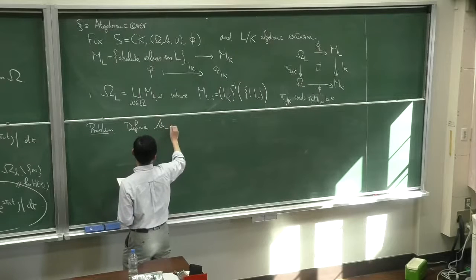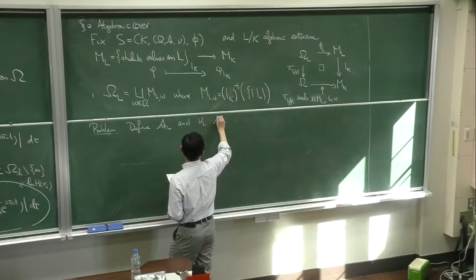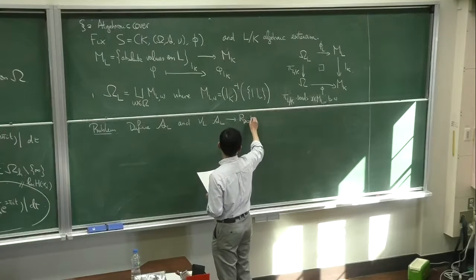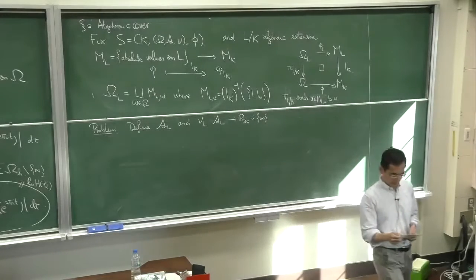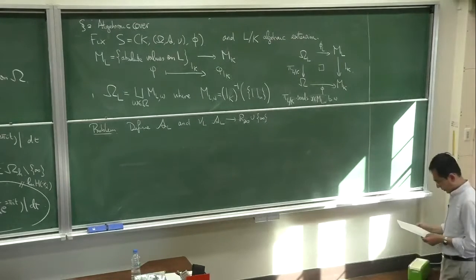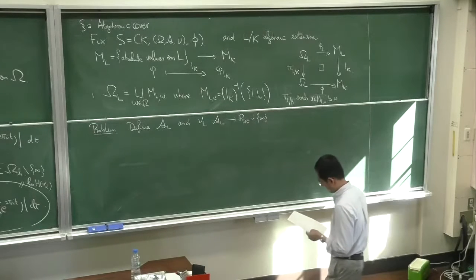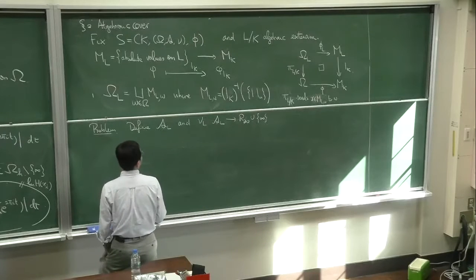We need to define A_L and mu_L from A_L to [0, +infinity]. For A_L, it's very natural.